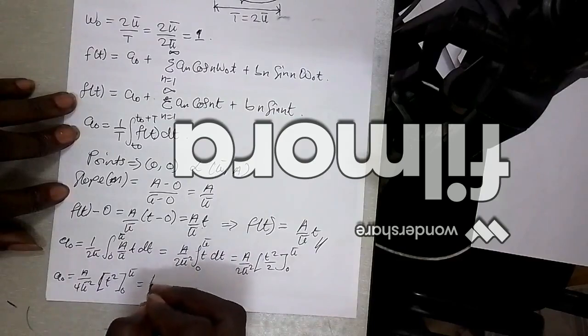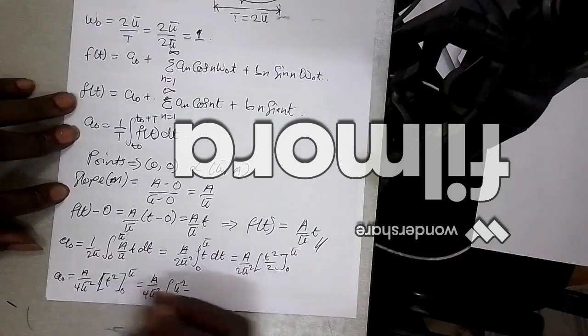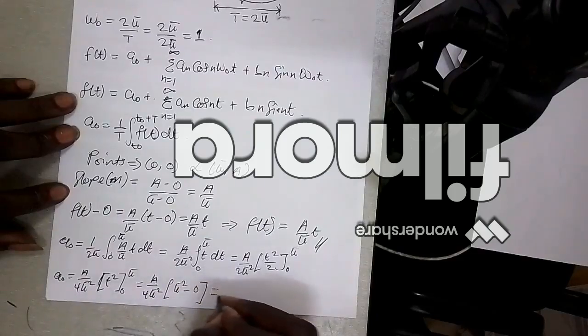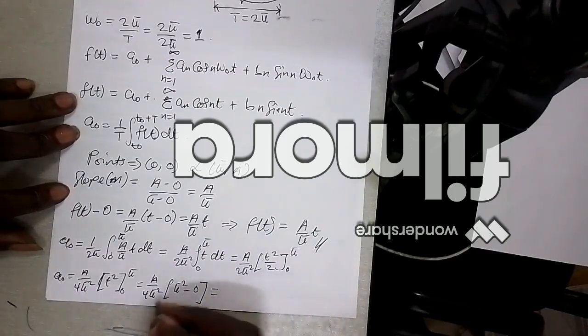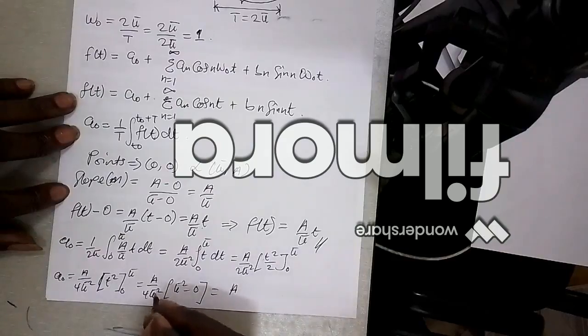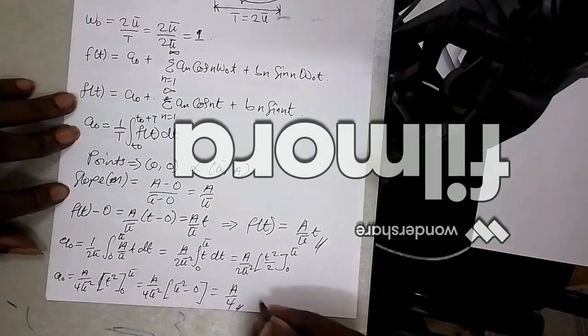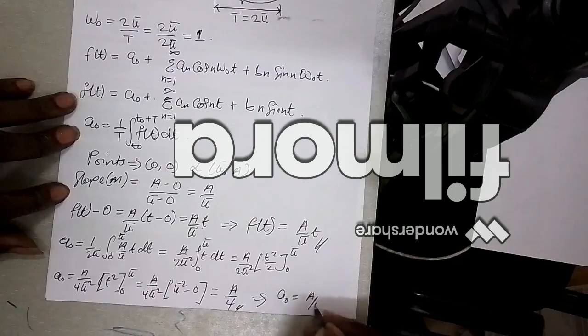So A over 4 pi squared into pi squared minus 0. You put in the upper limit first before the lower limit. So this is equal to A on 4. So now our a naught is A on 4.